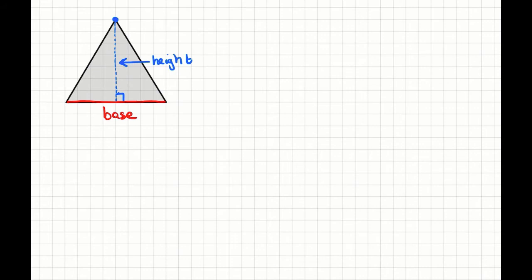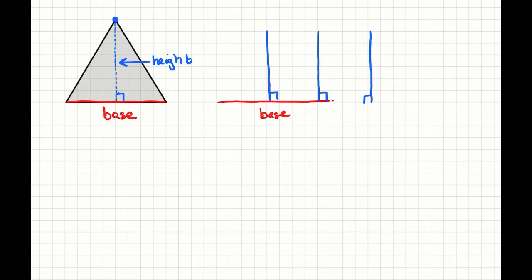Once you've established your base, so let's say here's your base, your height has to be a line that forms a perpendicular with that base. It could even form a perpendicular out here, which would still be perpendicular to the base if you imagine that the base went on forever in any direction.